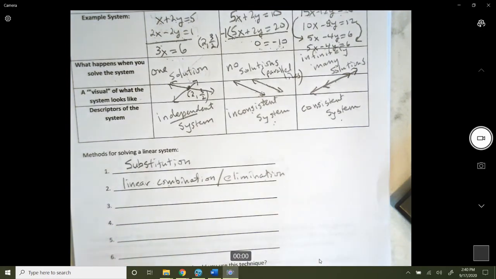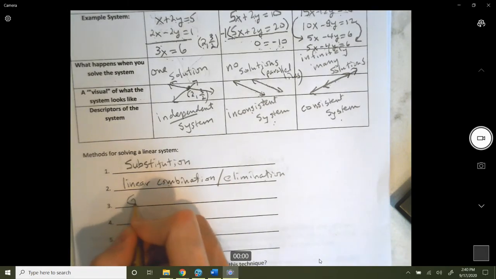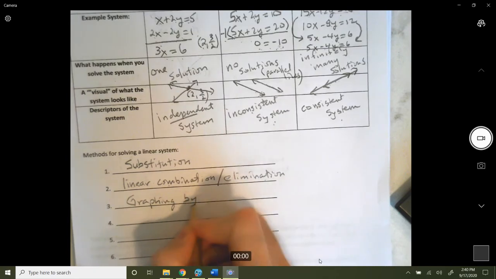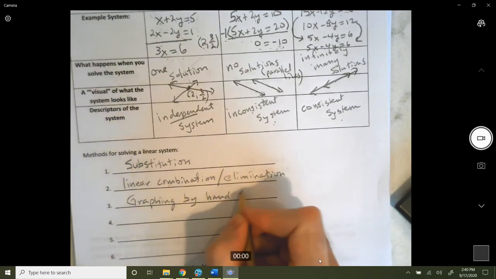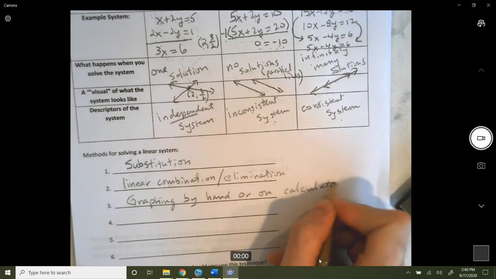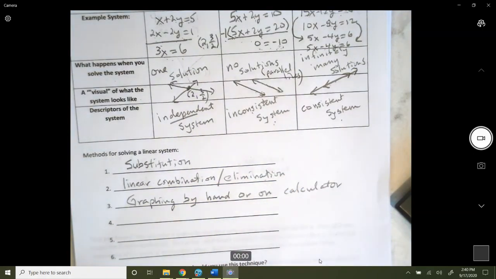Okay. Third one, graphing. You can solve by graphing. You can graph by hand or on your calculator. We'll go through an example of that. Okay.